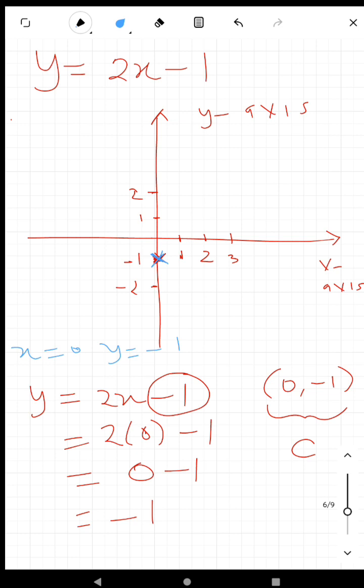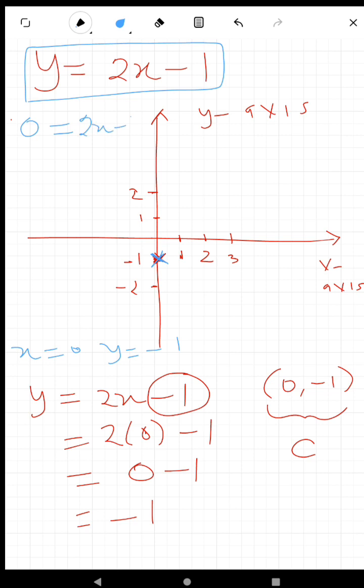So the next thing we will do is to look for where y is 0. What is the corresponding value of x? From this equation, y is equal to 2x minus 1. So when y is 0, what's the value of x? Let's solve this equation. If you take the minus 1 to the left-hand side, you have 1 is equal to 2x.